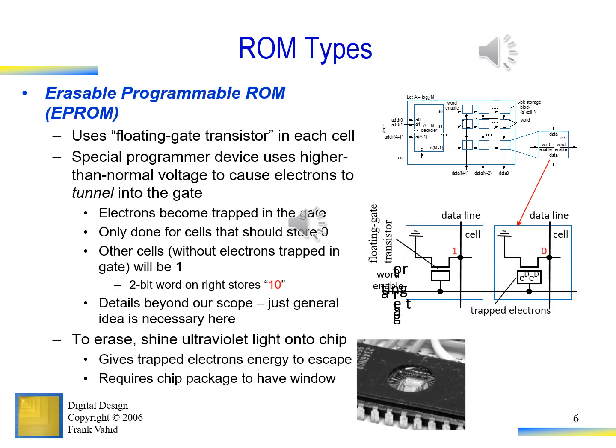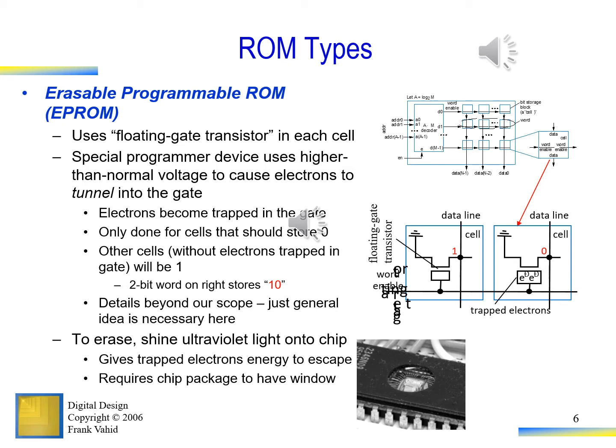The next ROM type is erasable programmable ROM. It uses the technology of floating gate transistors. Special programmer devices use higher than normal voltage to trap electrons in the floating gates.